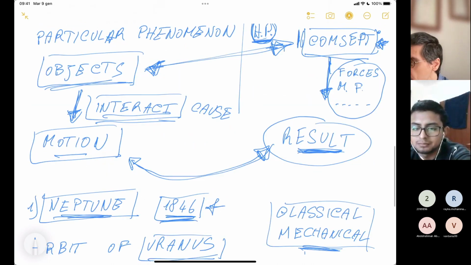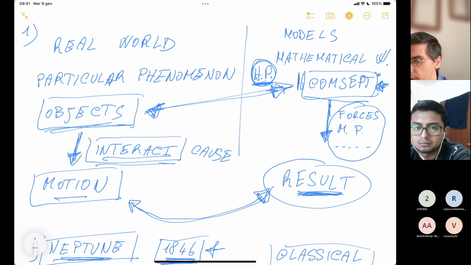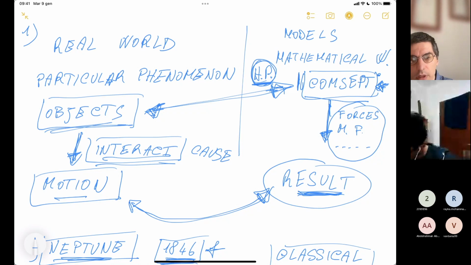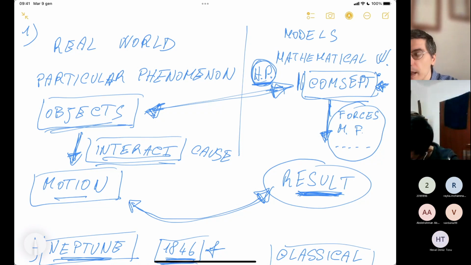So we are in this situation in which you have a model, the classical mechanics, and the real object. The real object is Uranus. The orbit, so the motion of Uranus, is not coinciding with the orbit predicted by the classical mechanics.